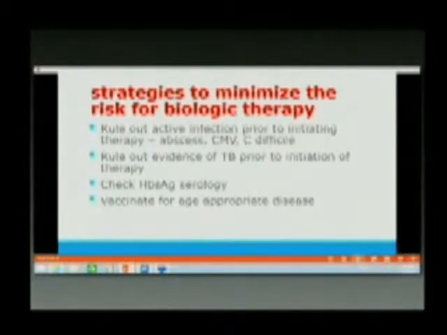The risk for you developing problems with your steroid-resistant colitis.